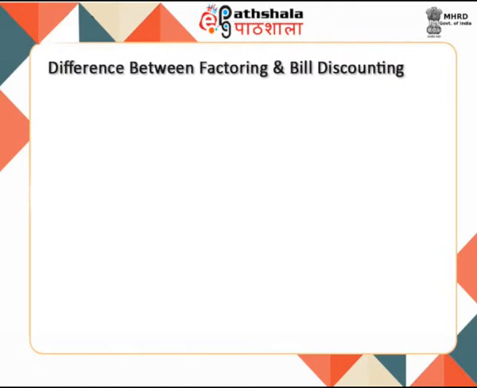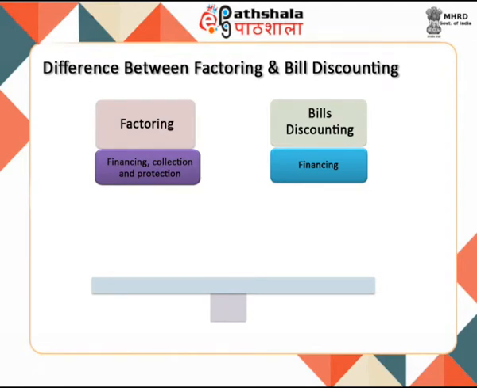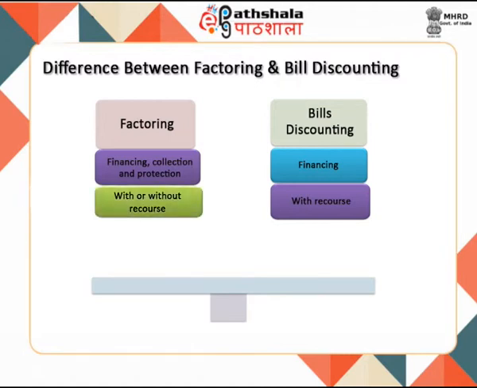As we all know, factoring and bills discounting both are ways of short term finance. But the question arises, what is the difference between the two? Bill discounting involves only financing against bills, but factoring involves financing, collection, and protection against debts. Bill discounting is always with recourse, where risk of default is borne by the company, whereas factoring may be with recourse or without recourse.